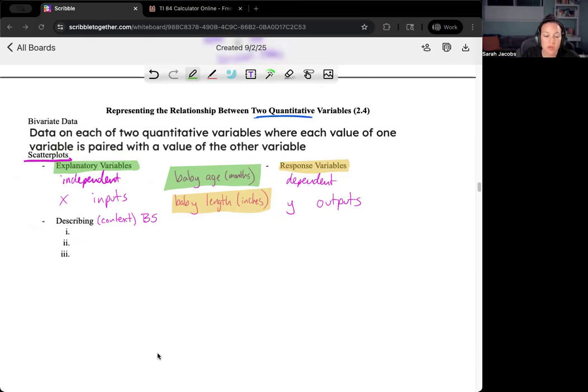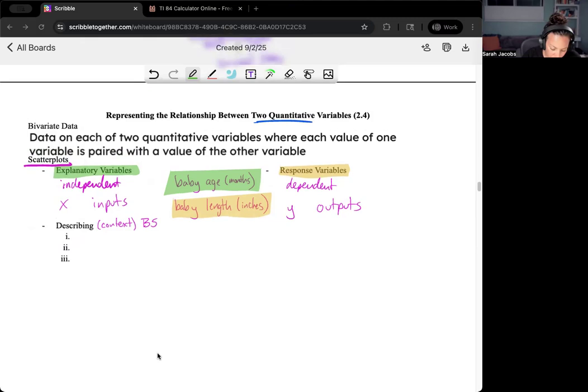Then the three things to consider are, first, strength. Our options for strength are weak, moderate, or strong.